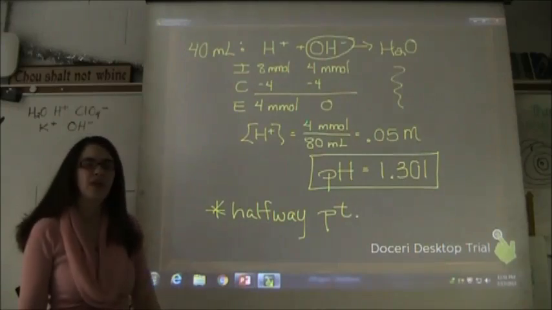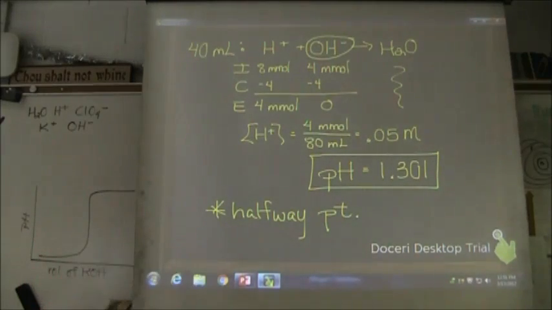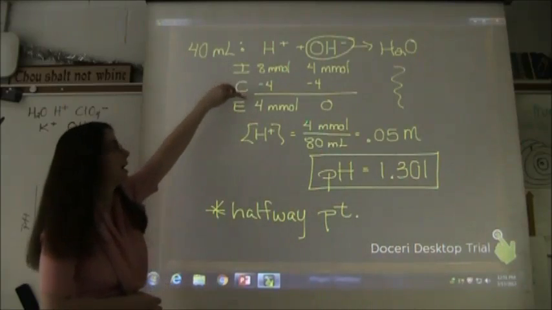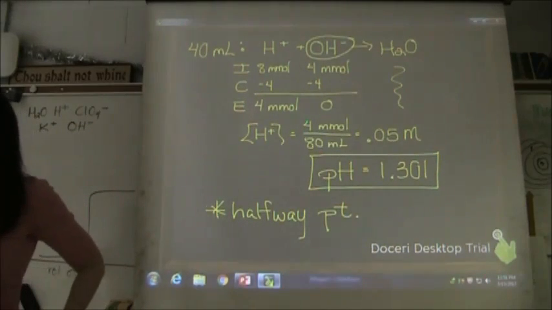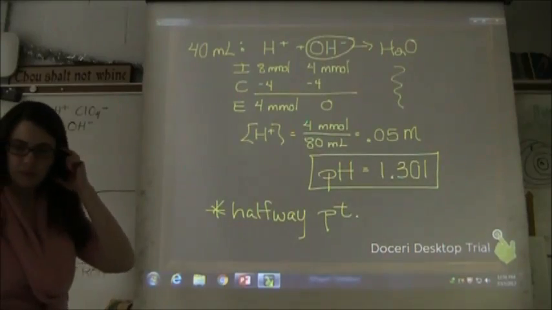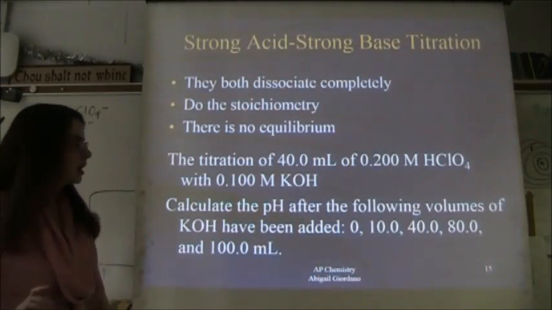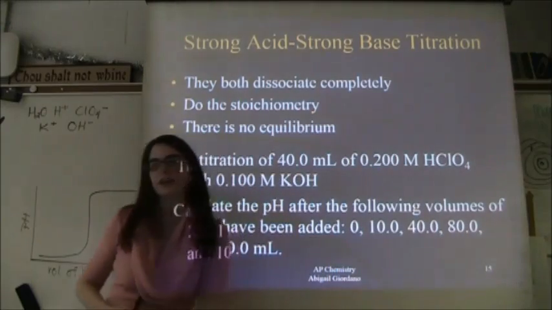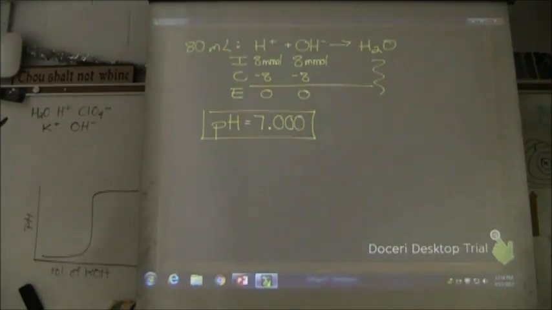That's why it's called the halfway point. The thing that you have a set amount of has been neutralized by half. Keep going. You're going to find a unique situation here.